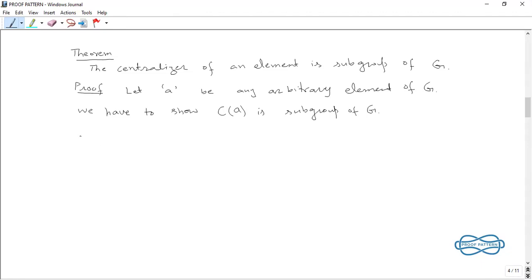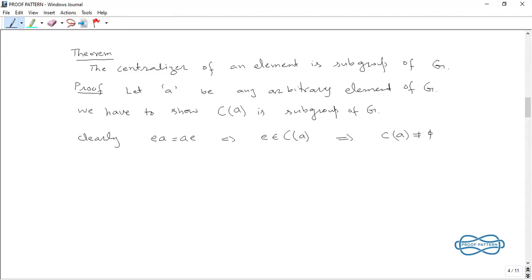Clearly, the identity element commutes with this element A. This means, by the definition of centralizer, this E belongs to the centralizer of A, and this shows that the centralizer of A is a non-empty set.